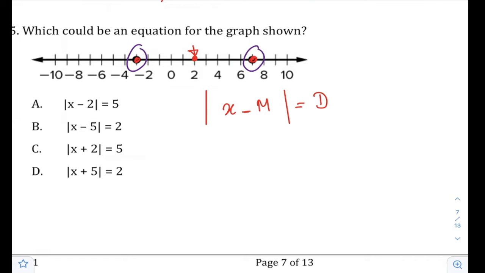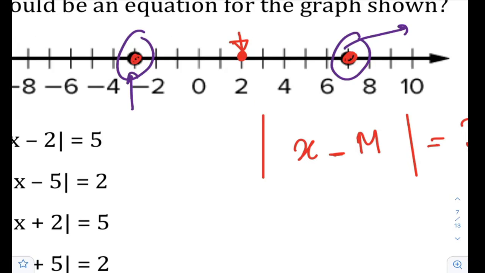The midpoint: you add the two endpoints, the two solutions, and divide by 2. For example, in our case we have this solution -1 plus the other solution 7, divided by 2. 7 minus 1 is 6 over 2, which is 3. Is it the correct one? It's not the correct one because this is not -1.